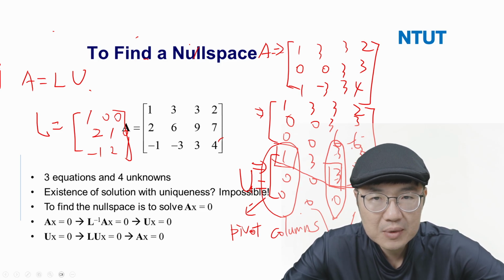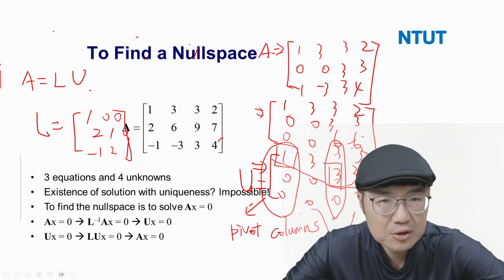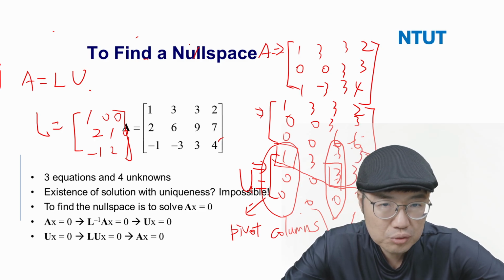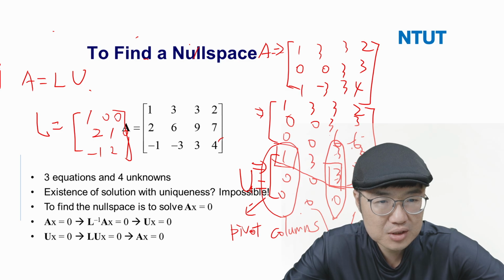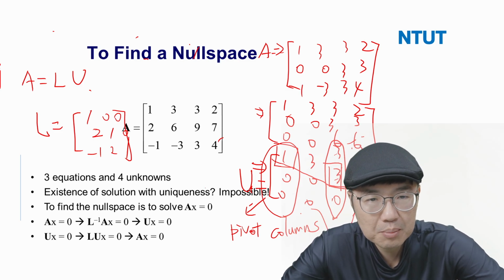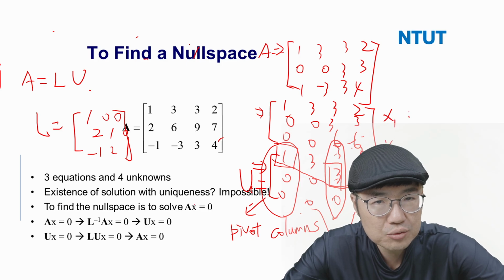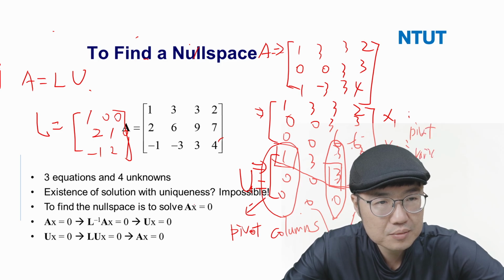As it is a 3 equations, 4 variables question, the 2 variables associated with pivot columns are further called pivot variables. This includes x1 and x3. They are pivot variables.